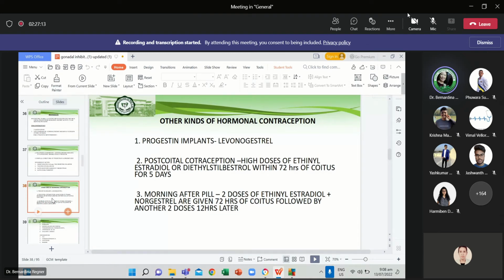Okay. Number 3, morning after pill. Morning after pill, 2 doses of ethinyl estradiol plus norgestrel are given within 72 hours of coitus, followed by another 2 doses 12 hours later.